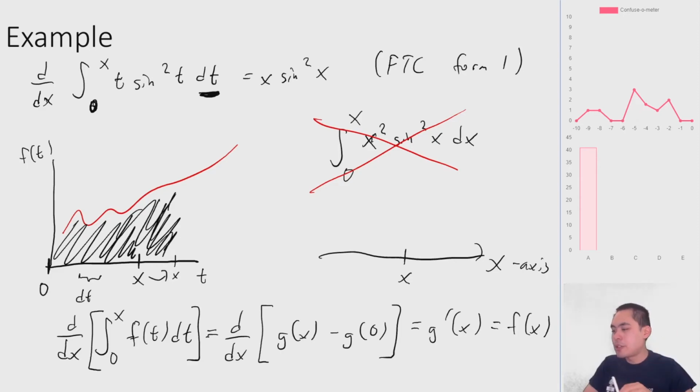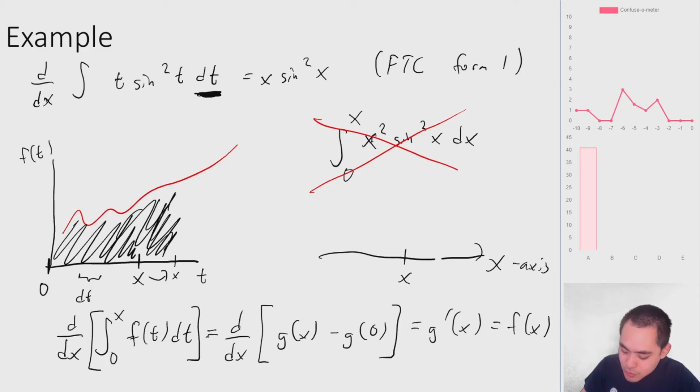So just be careful about switching variables. Usually you'll see these variables be x, t, or y, but you need to watch out for whichever variable is used to determine the integral. Sometimes you might see me write the limits in terms of x and t, so that was 0 to x.